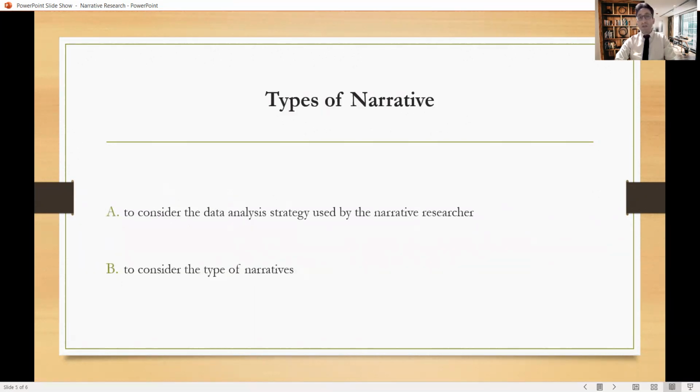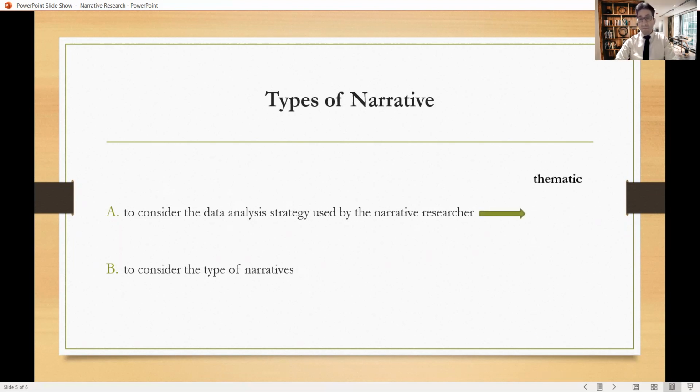Then we will focus on types of narratives. We have 2 types. Narrative studies can be differentiated along 2 different lines to consider the data analysis strategy used by the narrative research. But this line itself consists of 3 parts.